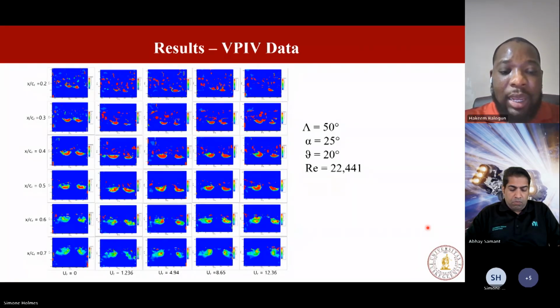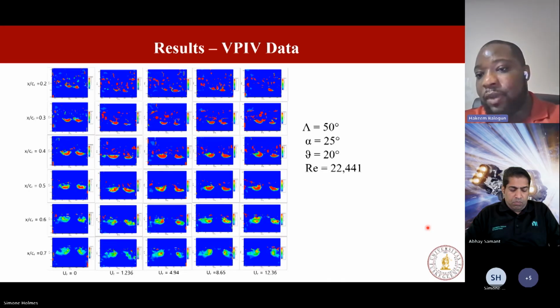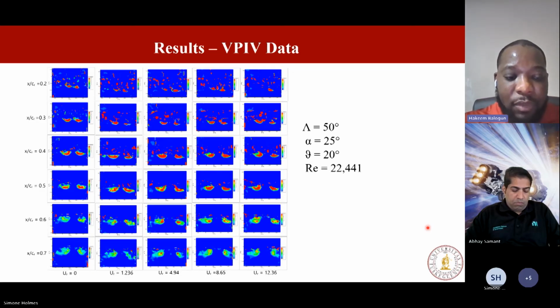And when you go further down the chord to a breakdown location of 0.3 and 0.4, the primary vortical structures begin to expand in size as the structures diffuse into the flow field, which is characteristic of vortex breakdown, where the sudden expansion of the vortices on the delta wing cause them to diffuse further into the flow field.